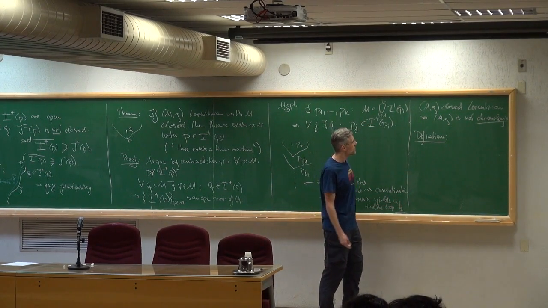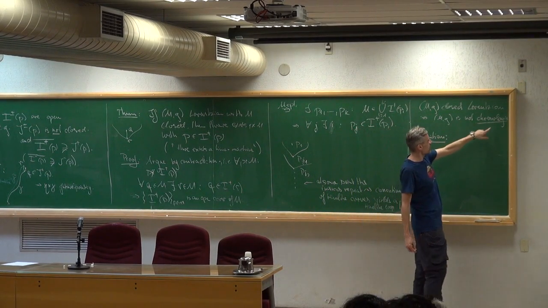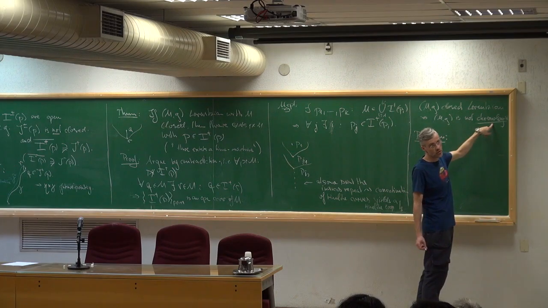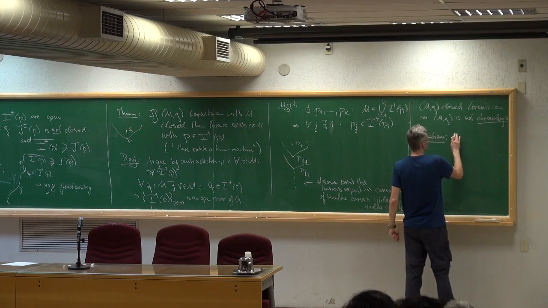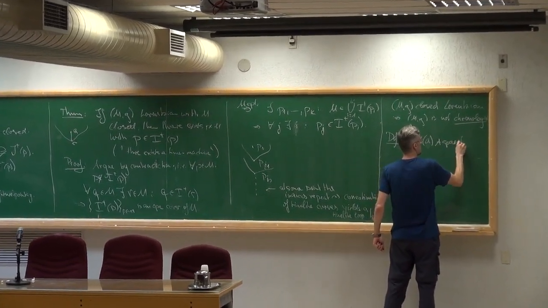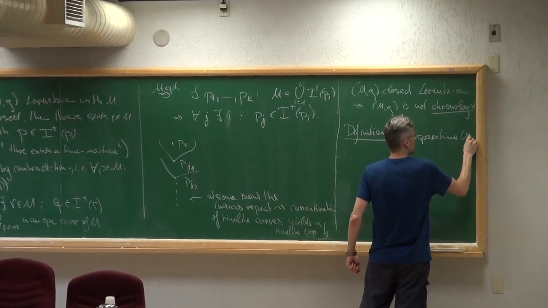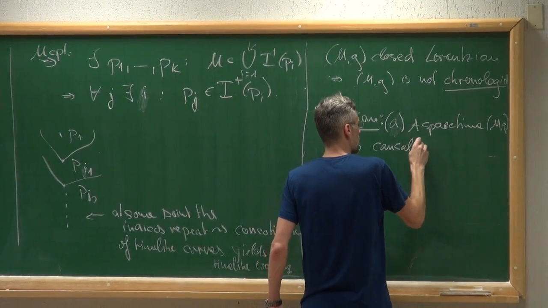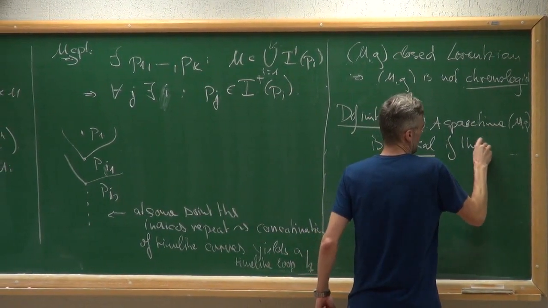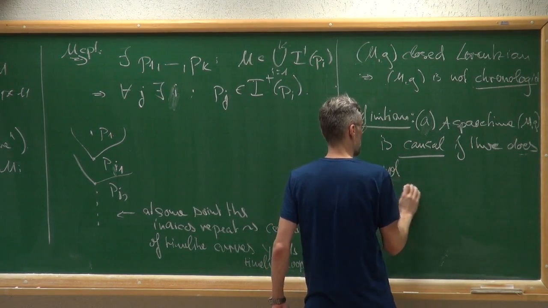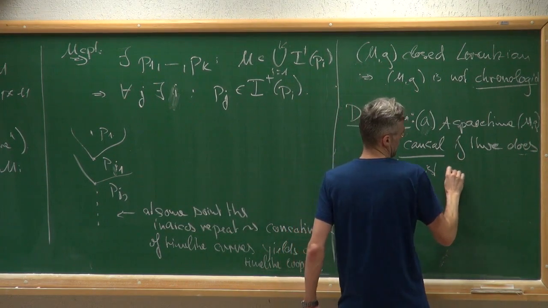This is not good. So one usually strengthens this assumption on spacetimes to the non-existence of closed causal curves, not just time-like curves. So a spacetime (M, g) is causal if there does not exist a causal loop.